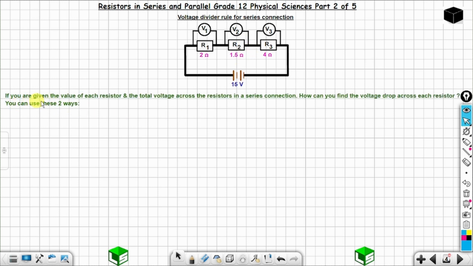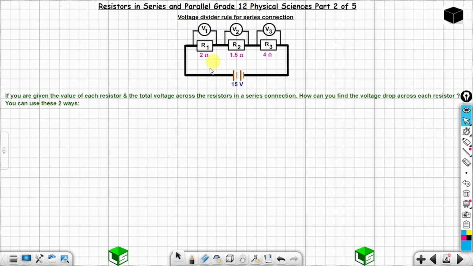If you are given the value of each resistor and the total voltage across the resistors in a series connection, how can you find the voltage drop across each resistor? So you can use these 2 ways.